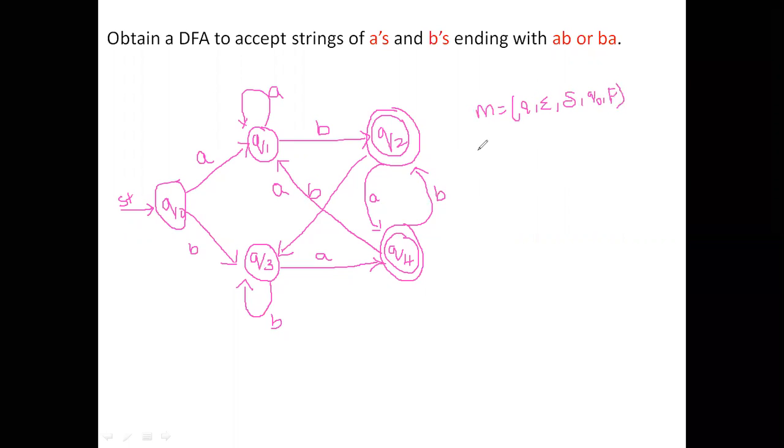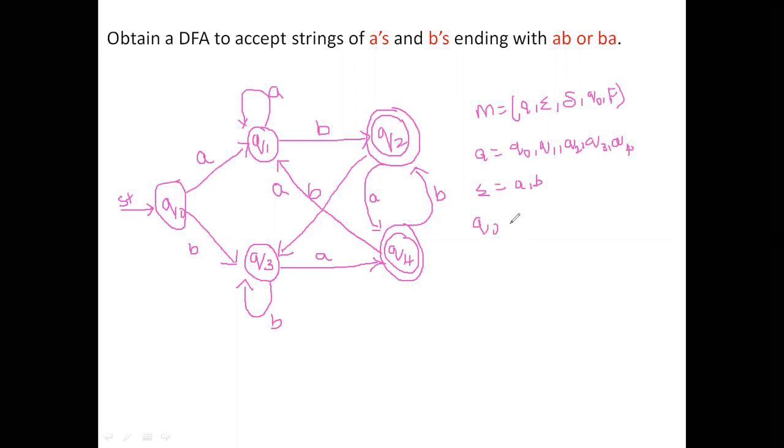Then Q will be equal to Q naught, Q1, Q2, Q3, Q4, right? So these are the possible states. Sigma will be equal to A comma B. Then delta function you write by yourself because 10 different transitions we are going to get.